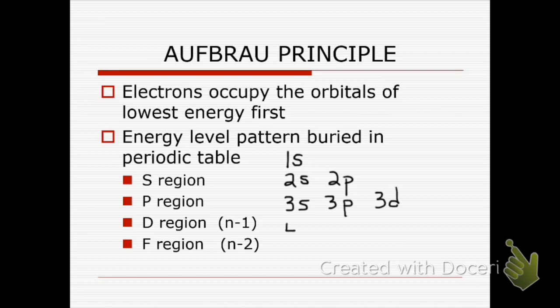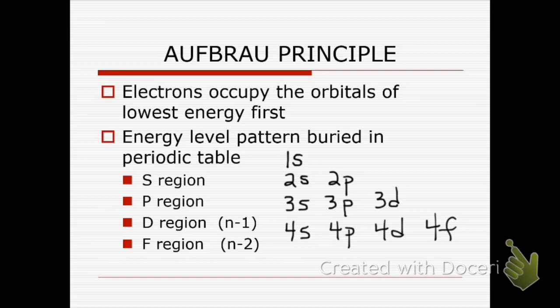And level 4, we had 4s, 4p, 4d, 4f, etc. It was simple that the electrons would fill in and start with 1s, then move to the 2s and 2p, and then 3s, 3p, 3d, etc. It would be very easy to write electron configurations.